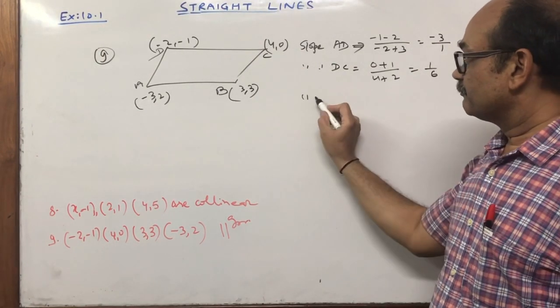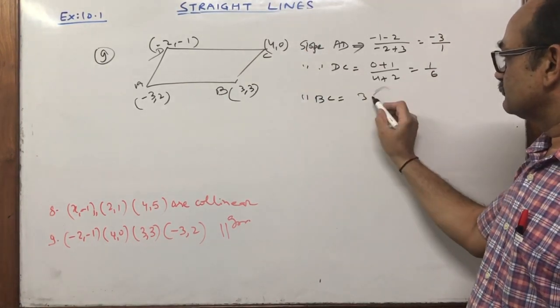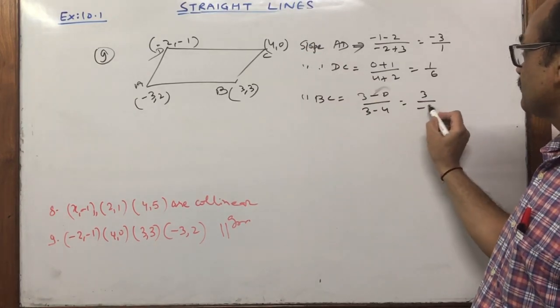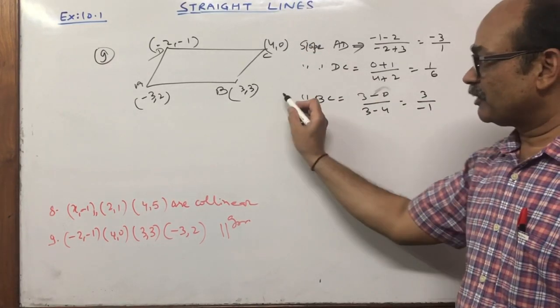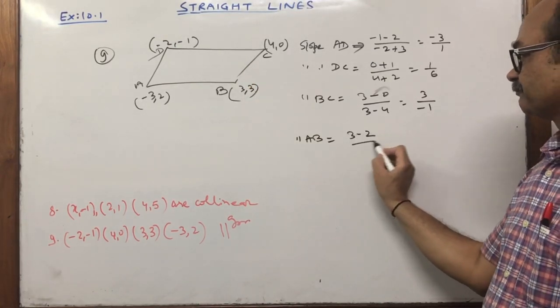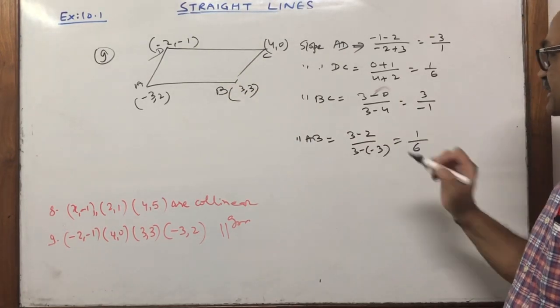Slope of BC, second minus first, that is 3 upon minus 1. And slope of AB, 3 minus 2, 3 minus 3, we are getting 1 by 6.